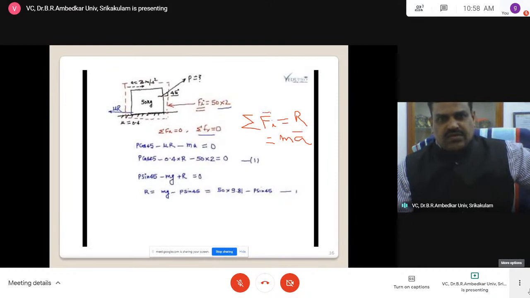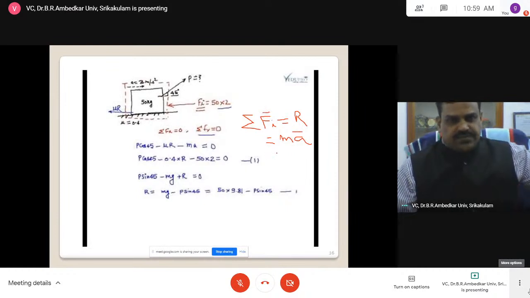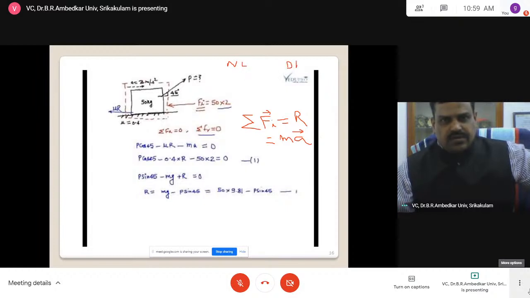This and this direction should be the same. That means they are in the same direction. Suppose I can apply Newton's law and D'Alembert's principle.